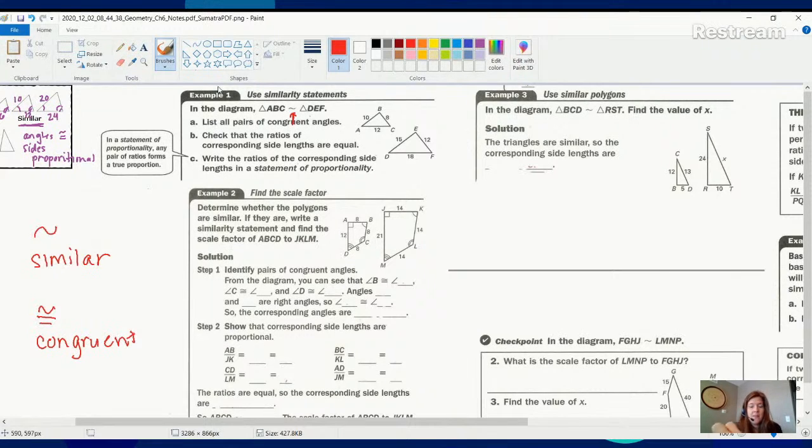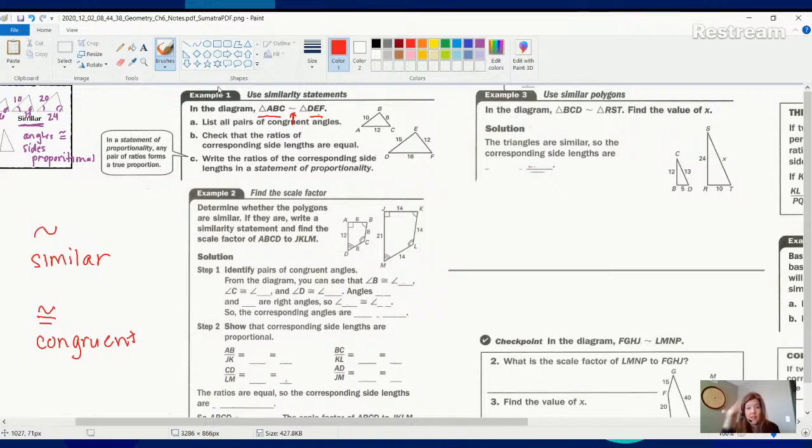So what this is telling me is that I have two triangles here, ABC and DEF, and they're similar to each other. Just like when we were talking about congruent statements, the order in which you write and name your triangle is important because that tells you that the corresponding parts of the first triangle are similar to the corresponding parts of the second triangle.